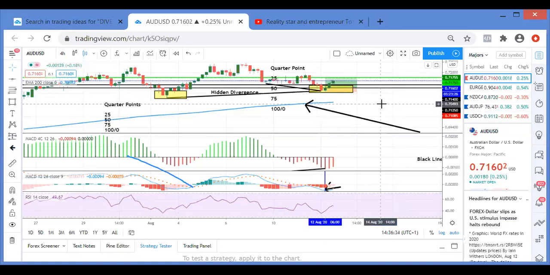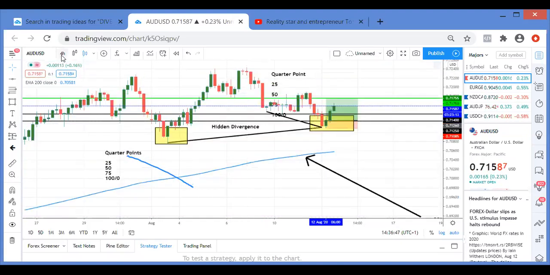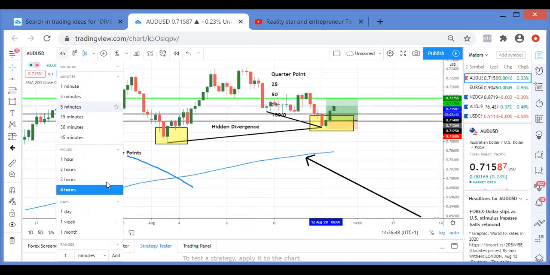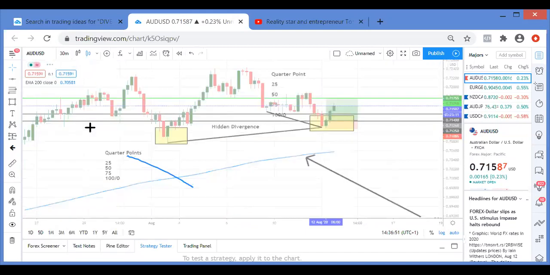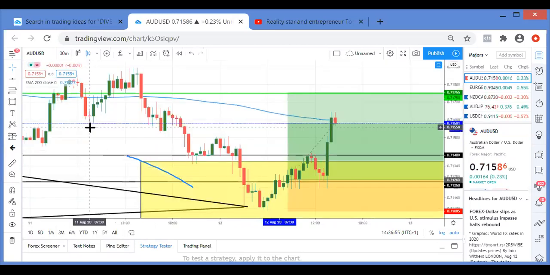But remember, all you're waiting for is the MACD to cross on a lower time frame anyway. Does that make sense? Yeah, it does. That's literally it. All right, any more questions?